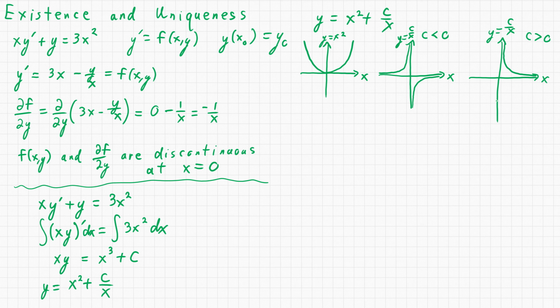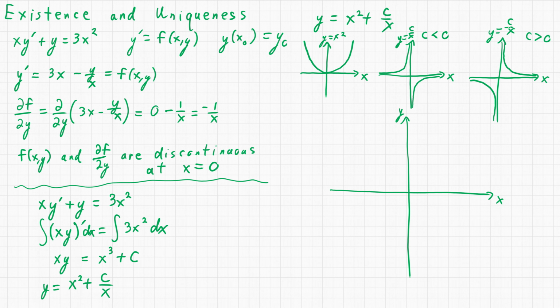All right, so now what if we start adding these together to get different solutions? Now I'm going to do a big graph. We've got x, we've got y. I'll put that y up a little higher, I'll need the room. Let's say c is greater than 0. If c is greater than 0, then I'm adding this graph to the x squared graph. In the x squared graph, when x is near 0, x squared is approximately 0, a small number.